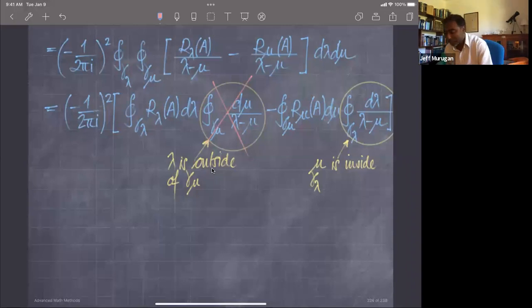On the other hand, because mu lies inside the lambda integration contour, this is going to give me a residue, just 2 pi i times the residue. So this is just going to give me a factor of 2 pi i.